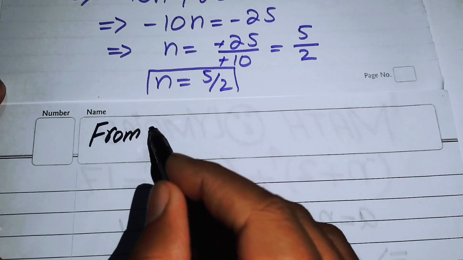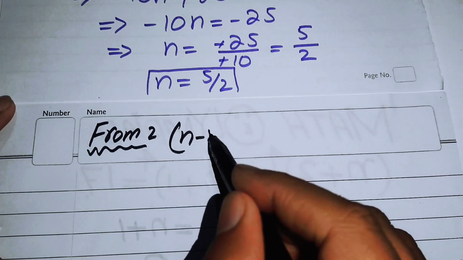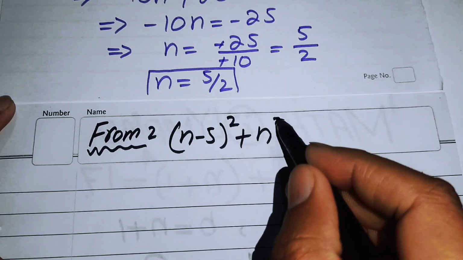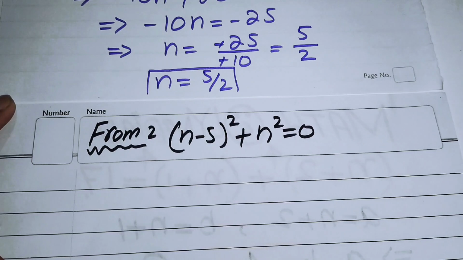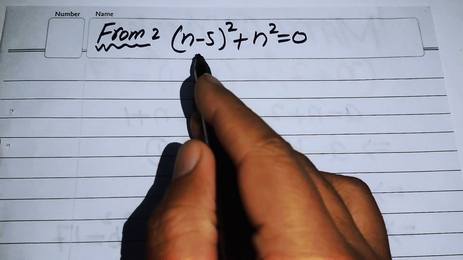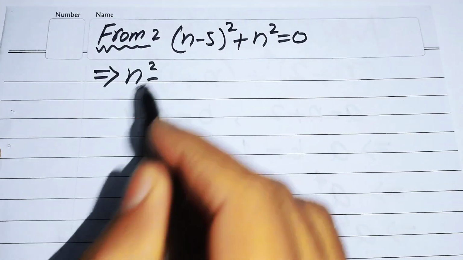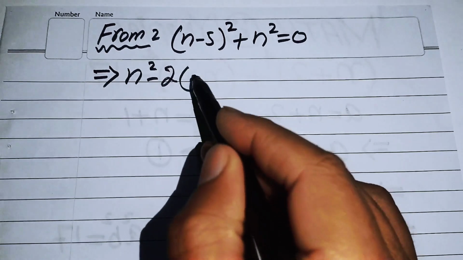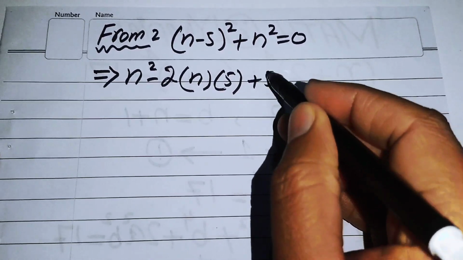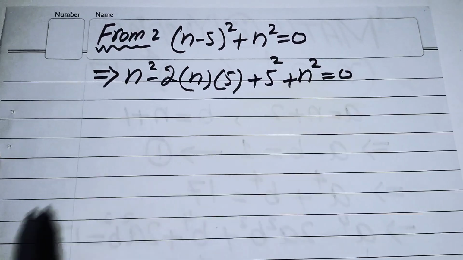And now in order to find the other roots, we need to solve equation number 2. So our equation number 2 looks like this: (n minus 5) whole square plus n square equals 0. So here we again open the square of n minus 5, and it will equal n square minus 2 times n into 5 plus 5 square, and plus n square equals 0.